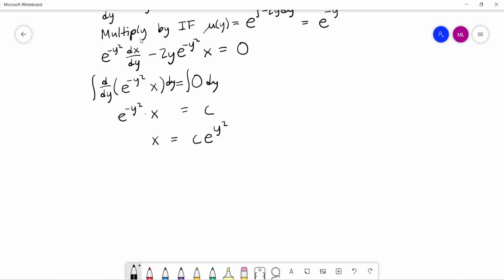And you could think of this solution as being explicit in x, and it's currently kind of implicit in y. We could try to solve for y. Basically divide by c, take the natural log, take the square root, and we could solve to make it explicit in y.